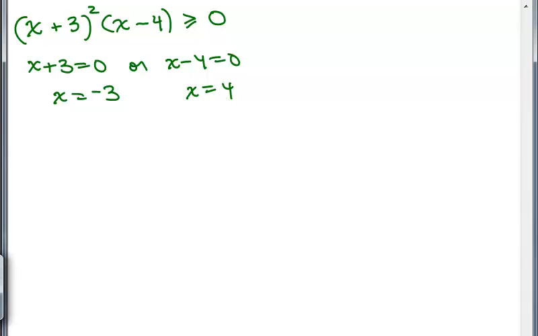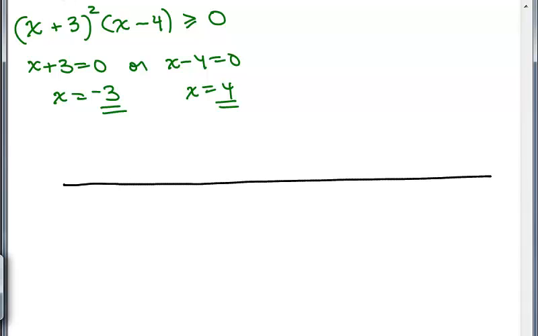And are those solutions? Well, we have greater than or equal to 0, so that means when x is actually equal to each of these numbers, those are part of the solution. So just keep in mind, those are going to be solutions. So on the number line, we want to mark where -3 is and where 4 is.